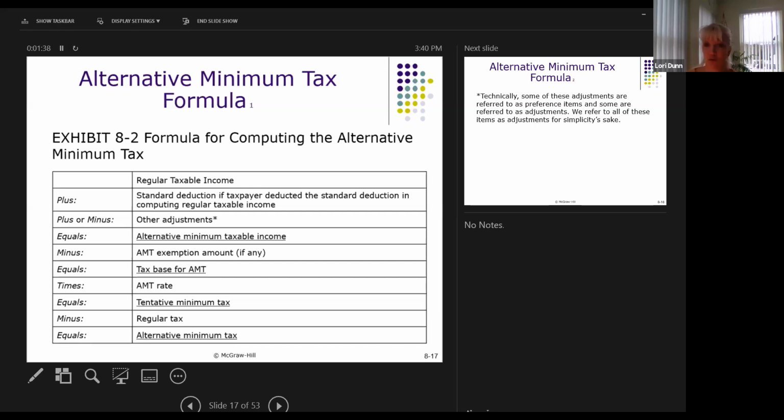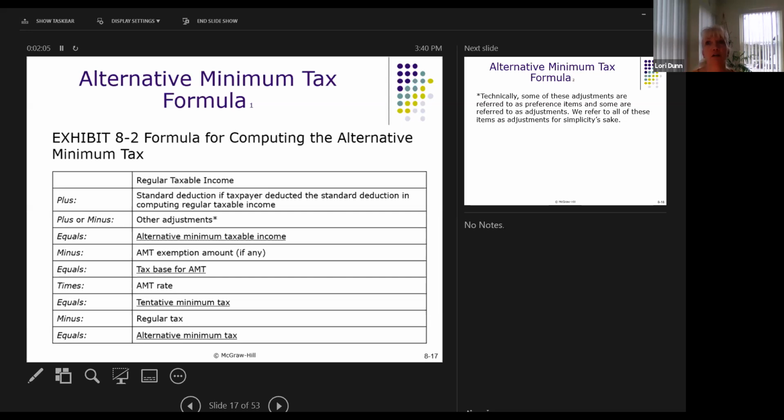A lot of people don't qualify for this. Their regular tax computation is what they pay. If you do this computation and it's less than the person's regular tax, too bad. It's only when it's more that the taxpayer has to pay the excess amount. I remember learning this and my teacher saying it's like a parallel system you have to do.